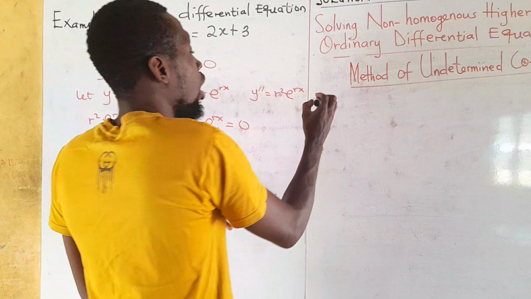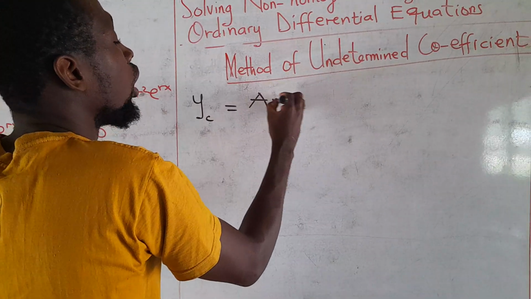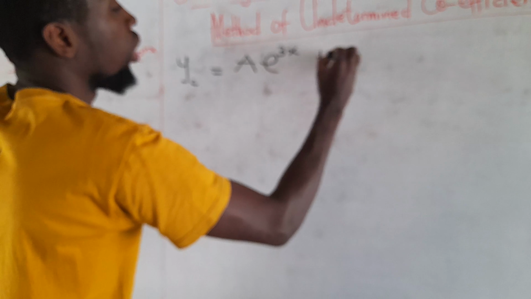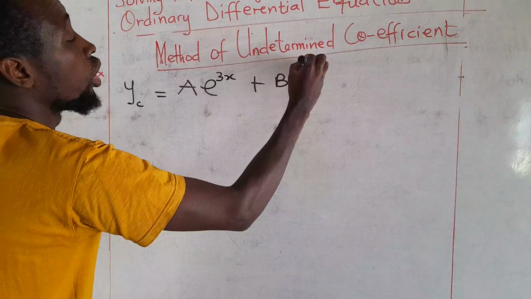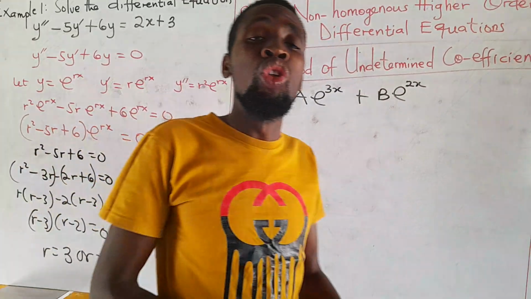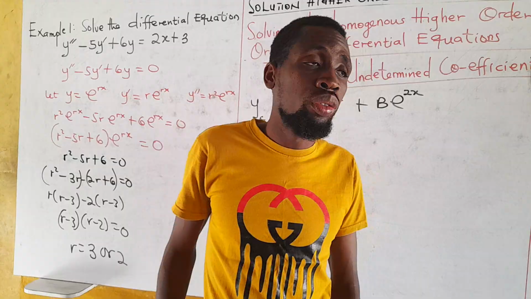Then our complementary solution will be equal to A e to the power of the first root, that's 3x, plus B e to the power 2x. So we have found the solution to the homogeneous side. Now we take the non-homogeneous side.